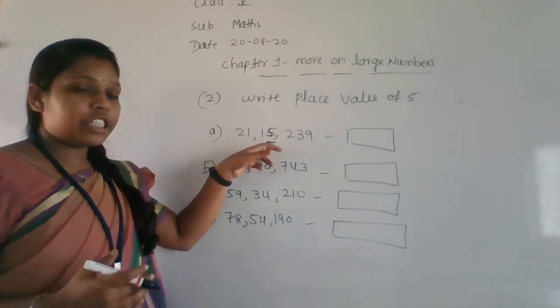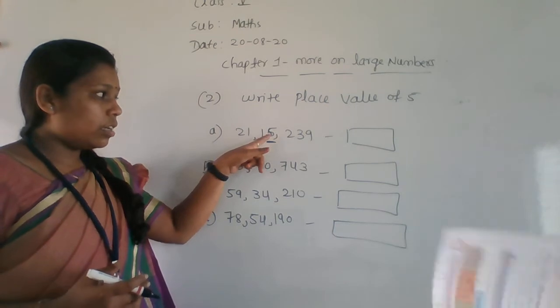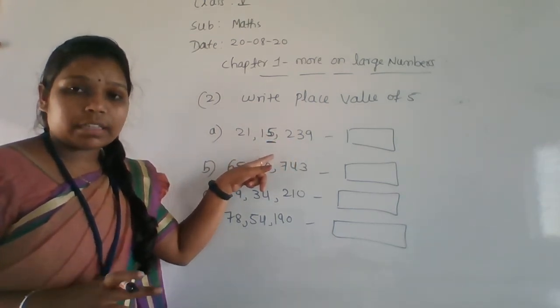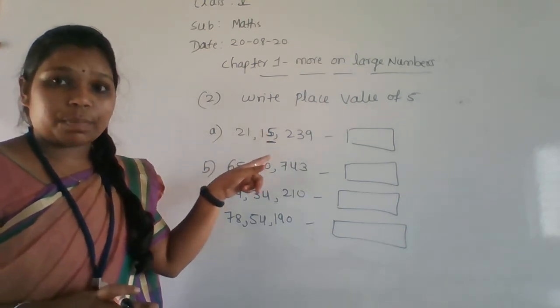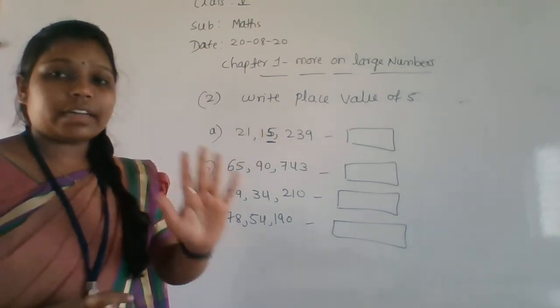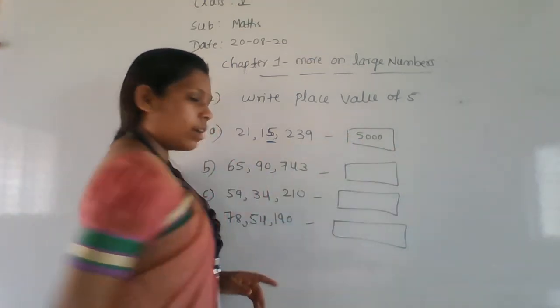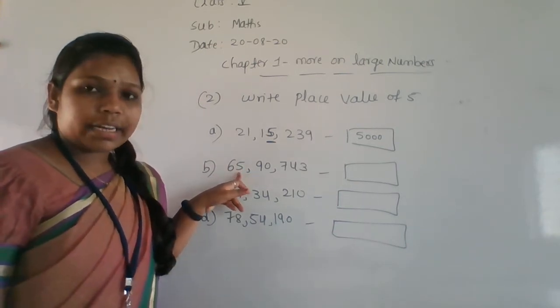In which place 5 is there? Ones, tens, hundreds, thousands. In thousands, the 5 number is present. That means what is the place value of 5 here? 5000. Right here 5000. Okay. Next. In which place the 5 is there?